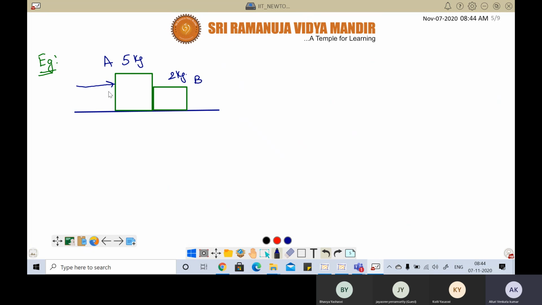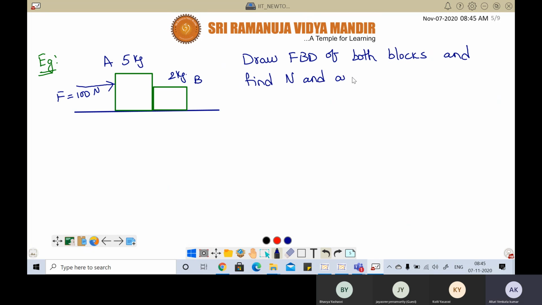And now I am applying a force of F equal to 100 newtons. The question is: draw the FBD of both blocks and find the normal reaction and acceleration.